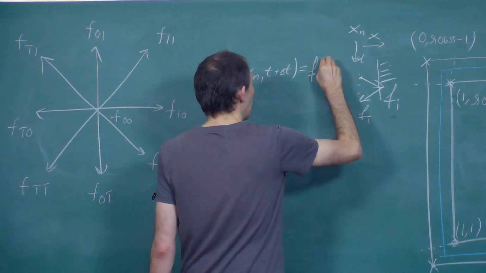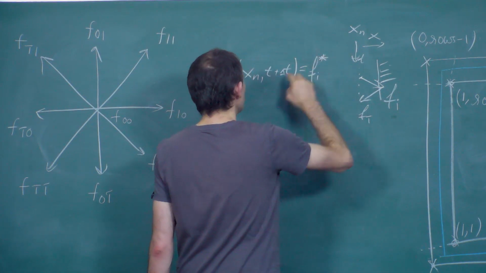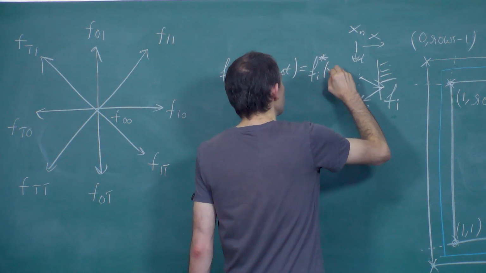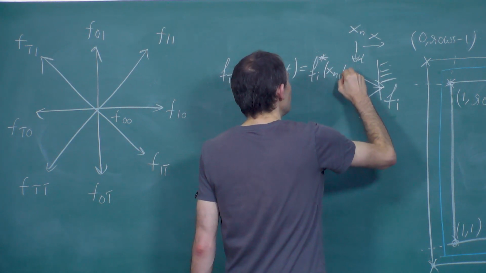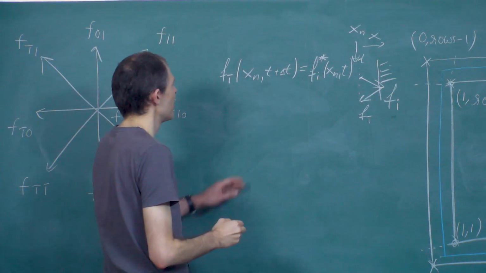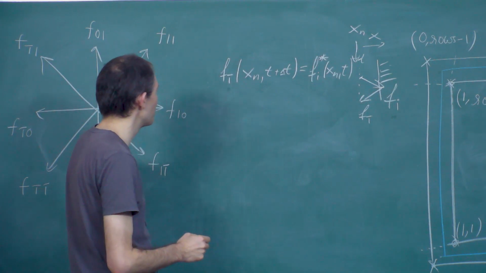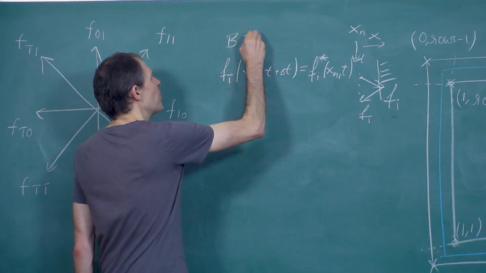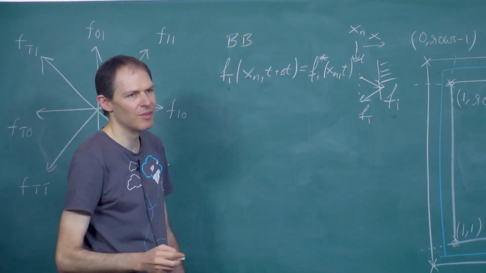So this is f_i after the collision, and this is before the collision at the position x_n and at the previous time. So a little bit I'm coming into my own domain here. This would be the usual bounce back, right?